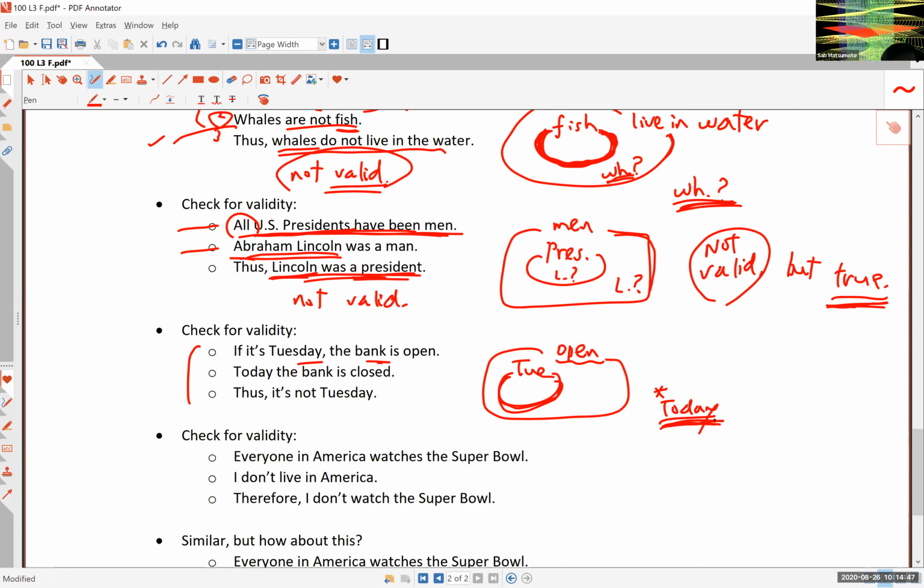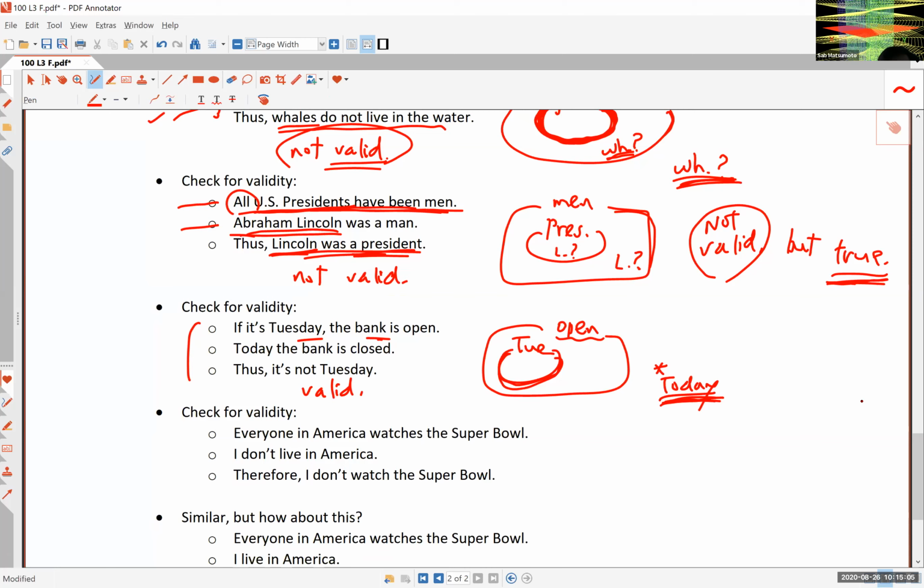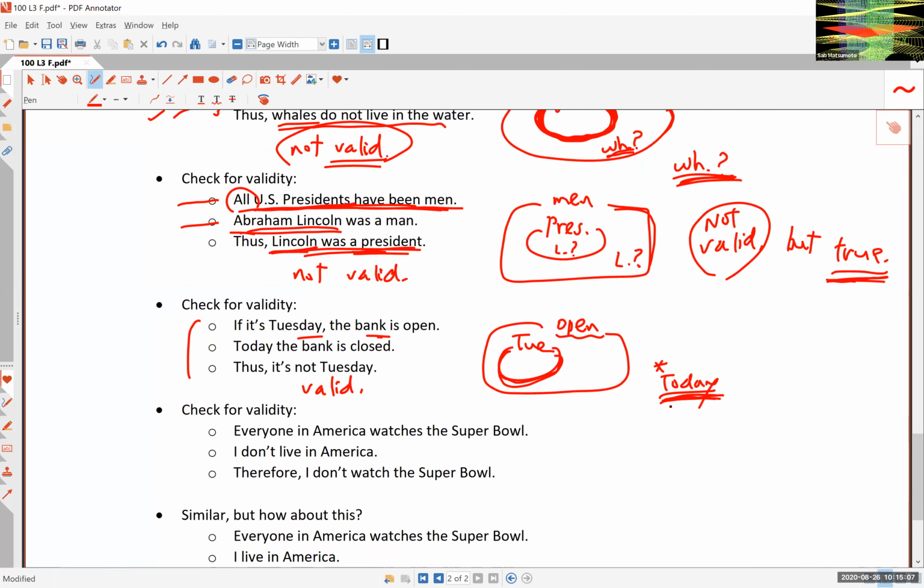If the bank is not open today, it cannot be inside of the Tuesday circle, because if it were Tuesday, then the bank would be open. This happens to be a valid statement. Did you get that? This is maybe the first statement you see is valid, right? If an object is outside of the outer circle, then it cannot be in the inner circle, right?